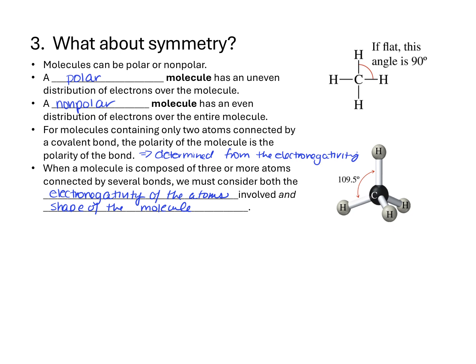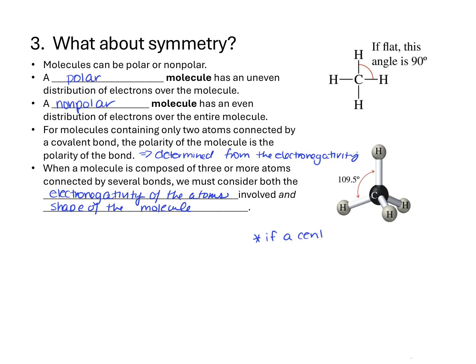Now, you're going to run into a couple different shapes, and we're going to talk about whether these are polar or nonpolar. When we talk about symmetry, if you have a central atom and it is surrounded by 4 of the same atom, that is symmetric and will be nonpolar. Okay, so let's write that down.